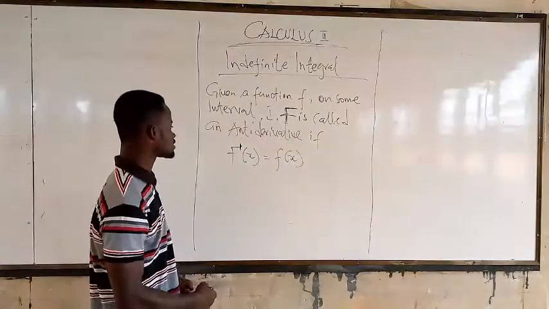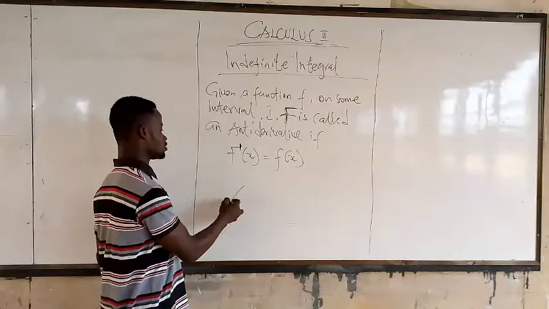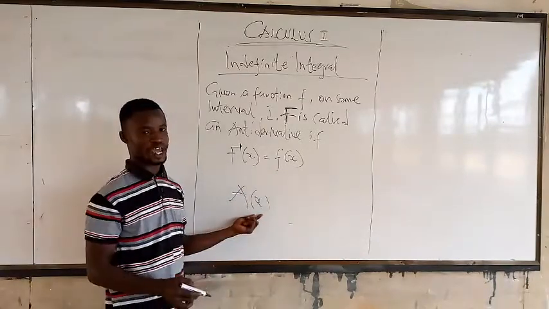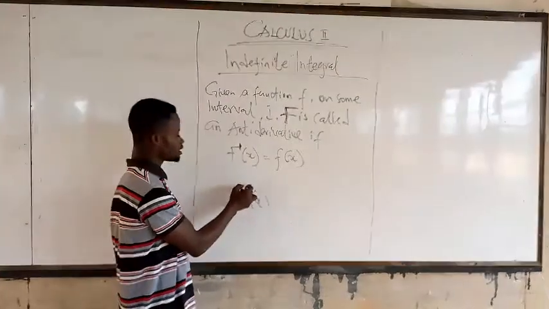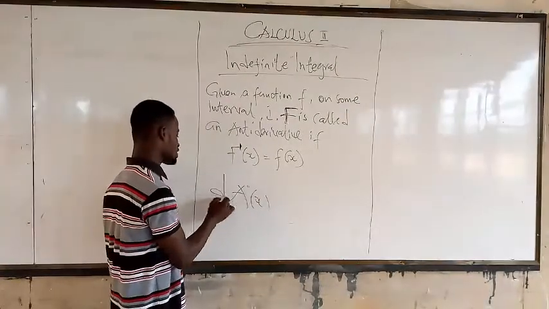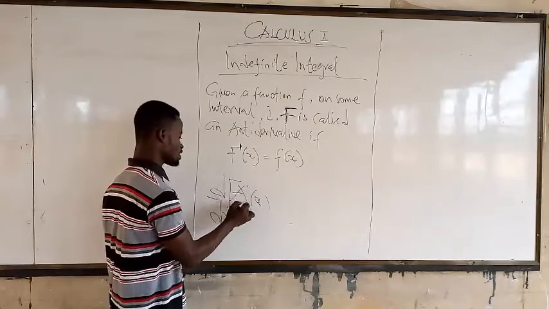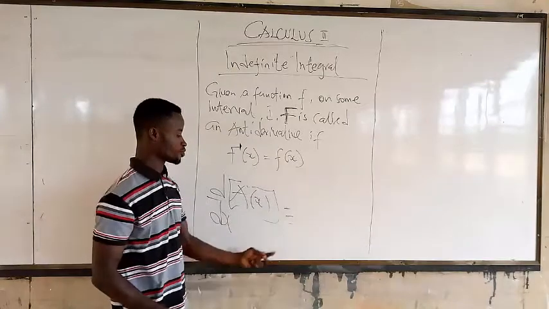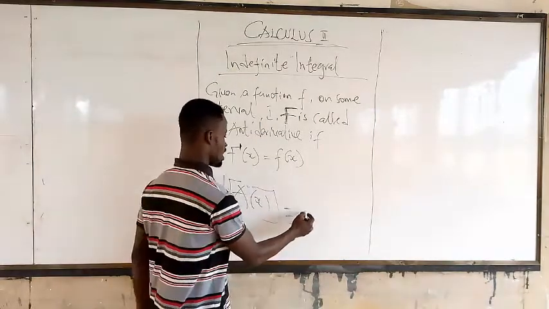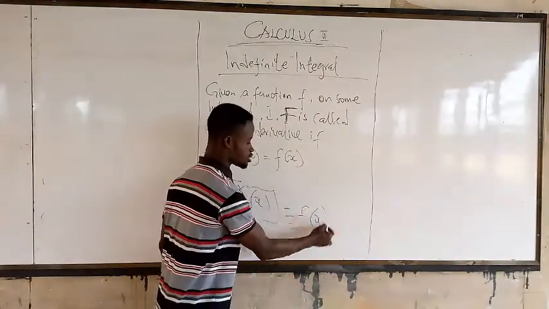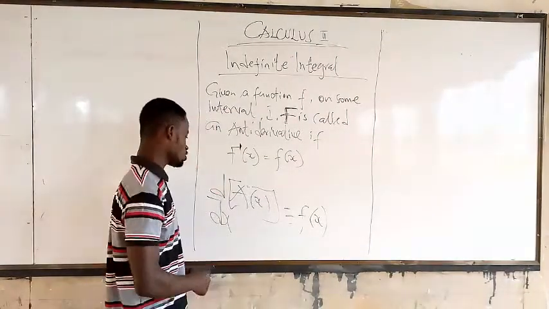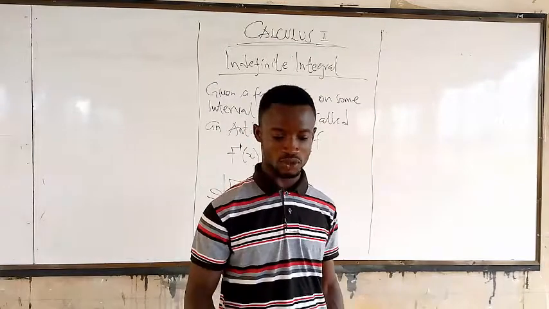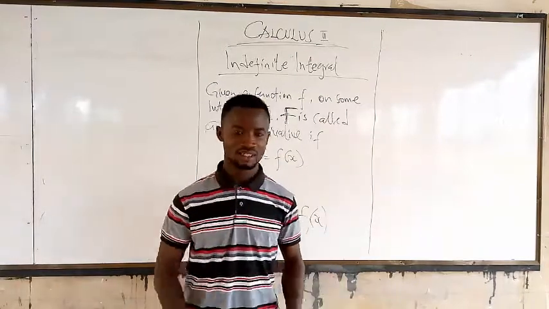So if we have an area that is a function of x, and when you differentiate it with respect to x, the result is going to give you a function.